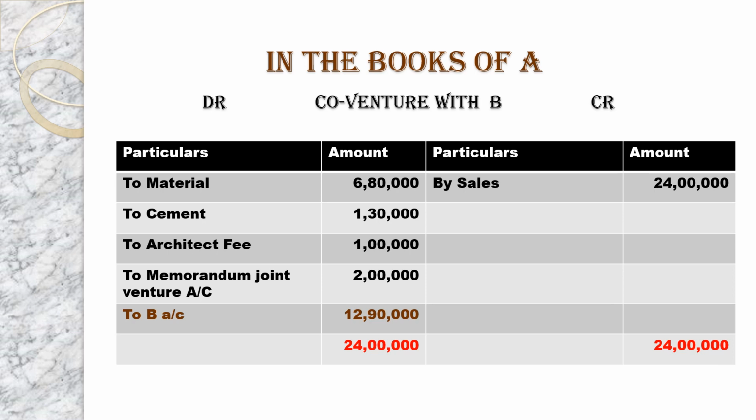A received sale amount of rupees 24 lakh. Next you write to materials, cement, architect fees. These 3 are the expenses paid by A, and then A gets a share of profit 2 lakh. PL ratio is not given in the question. So if PL ratio is not given in the question, we need to take it as equal ratio, 1:1. So therefore A gets a profit of 2 lakh.